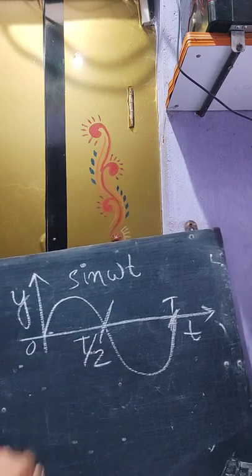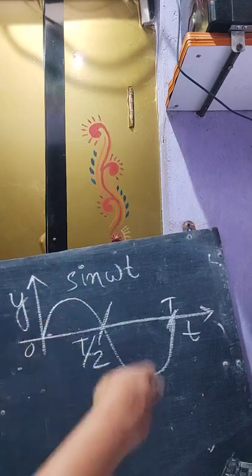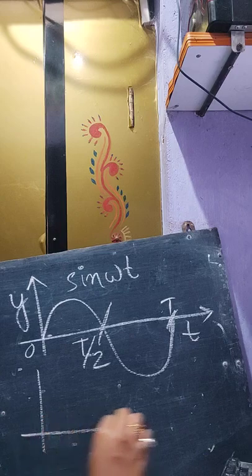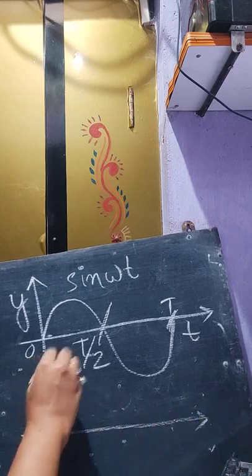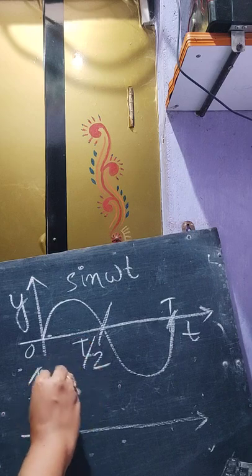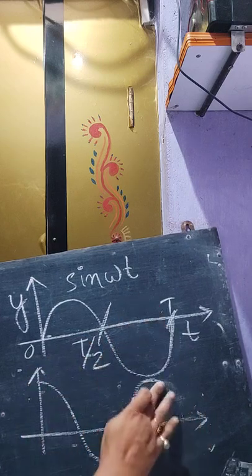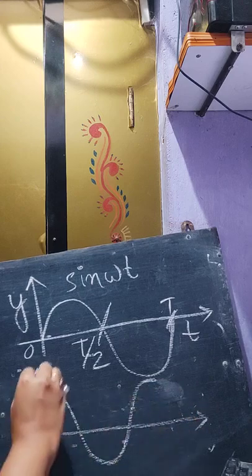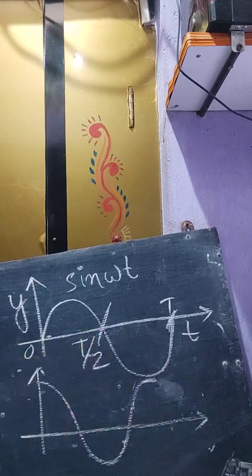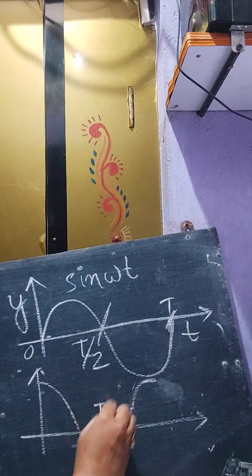If I want to express the same harmonic motion using the cos, what will be the graphical representation? The graphical representation will be like this. This is one complete oscillation.